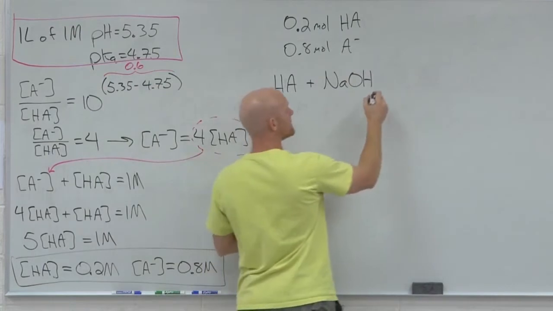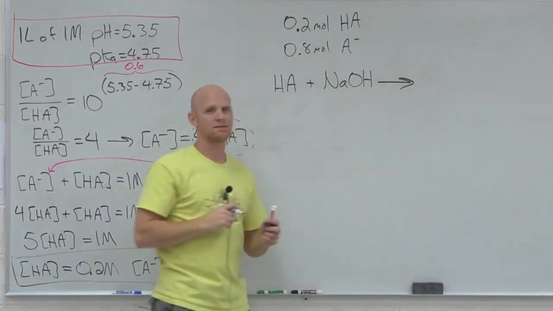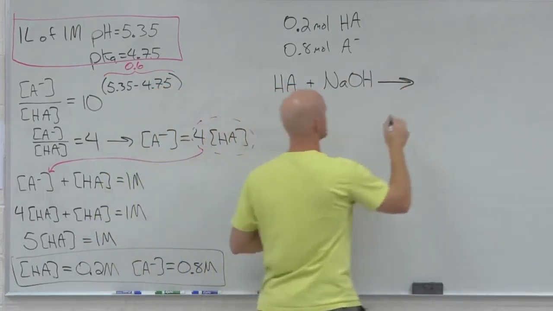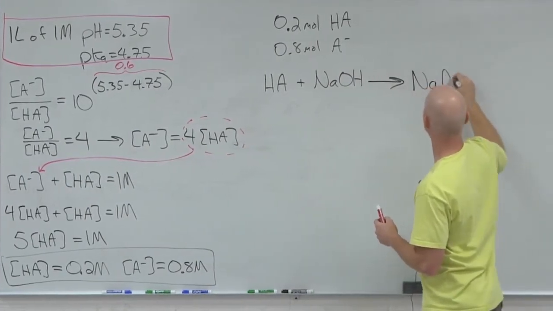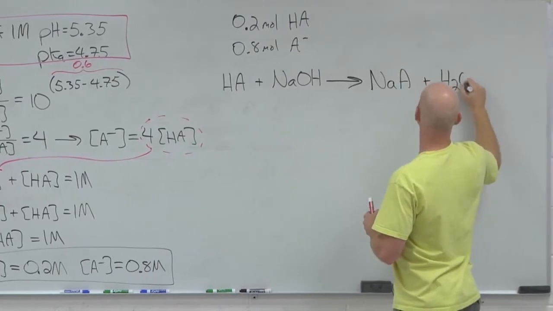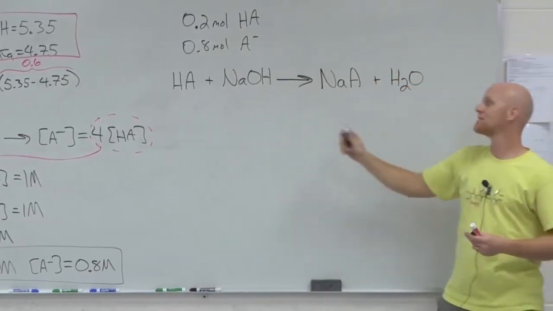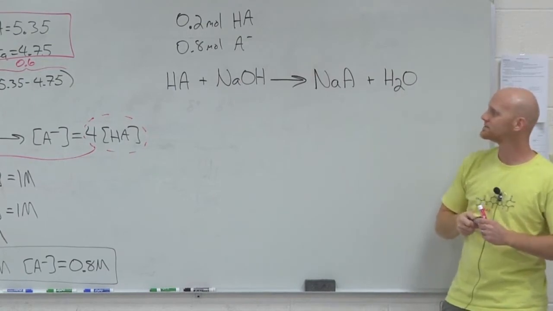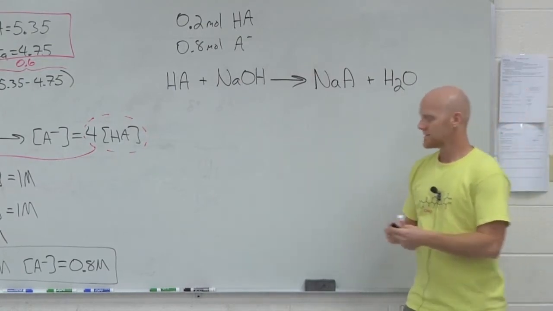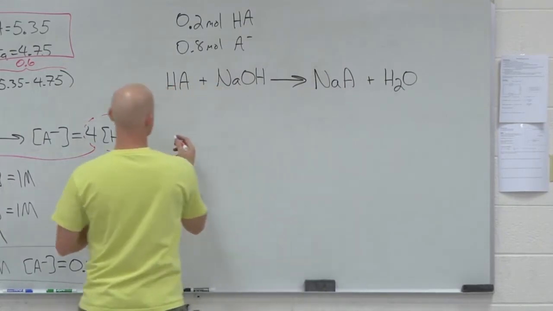How much are they going to react? All the way. What will I get as products here? Sodium acetate and water. This is kind of like a titration here. And so if you look, this titration reacts completely.